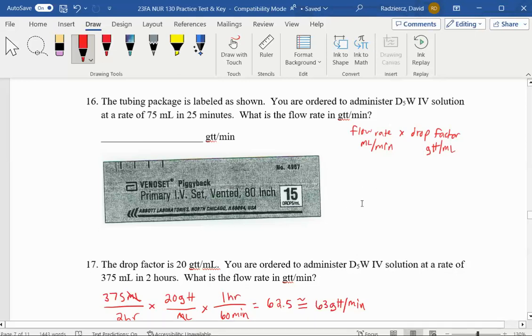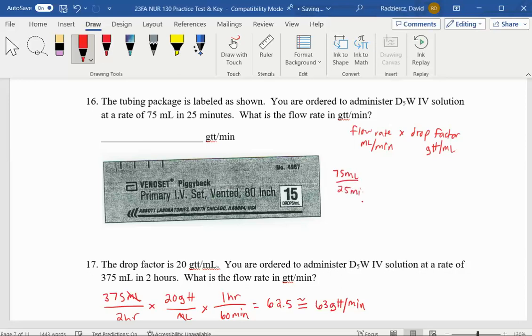So what we're going to do is calculate our flow rate by taking our volume, which in this example is 75 milliliters, over our time, which is 25 minutes. Then I'm going to multiply by my drop factor, which in this instance is 15.